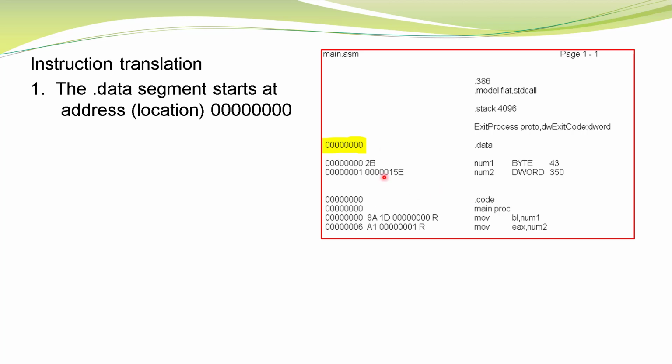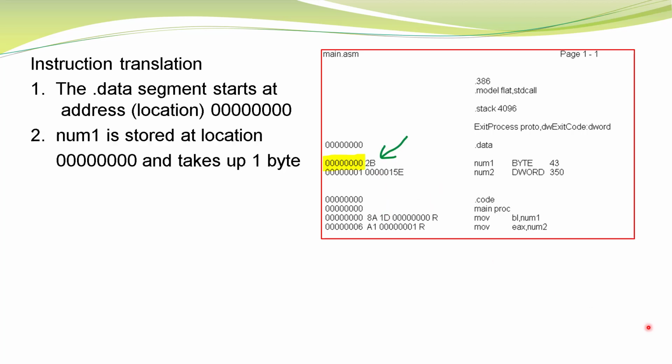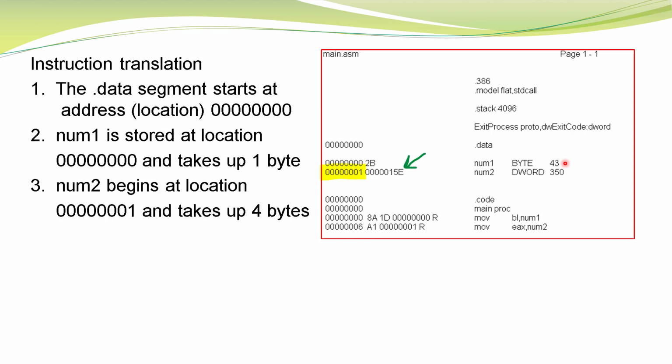So there are 2 different places in memory. num1 starts at location 0. It only takes up 1 byte, and you see that 2B is the hex value for the 43 that I stuck in there to start with. num2 starts at memory location 1, again in the data segment. It takes up 4 bytes. And the 15E is, again, the hex translation of 350.